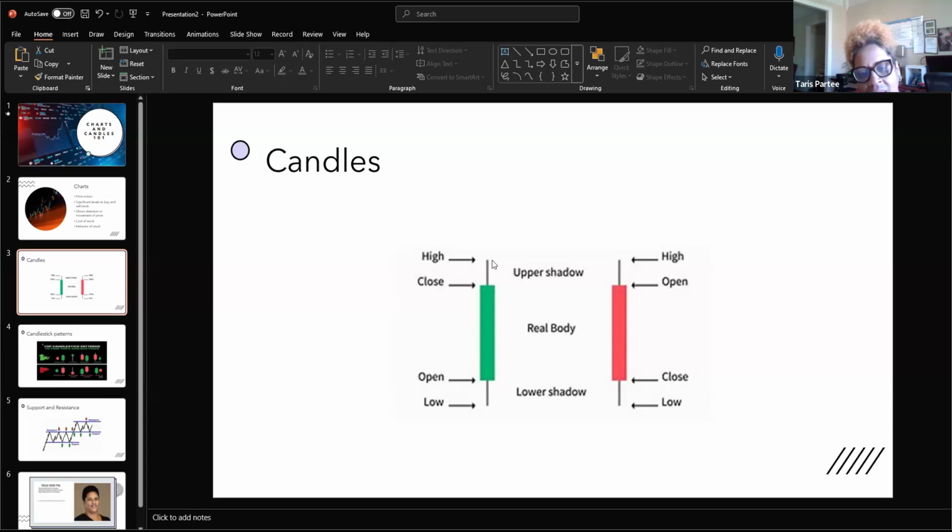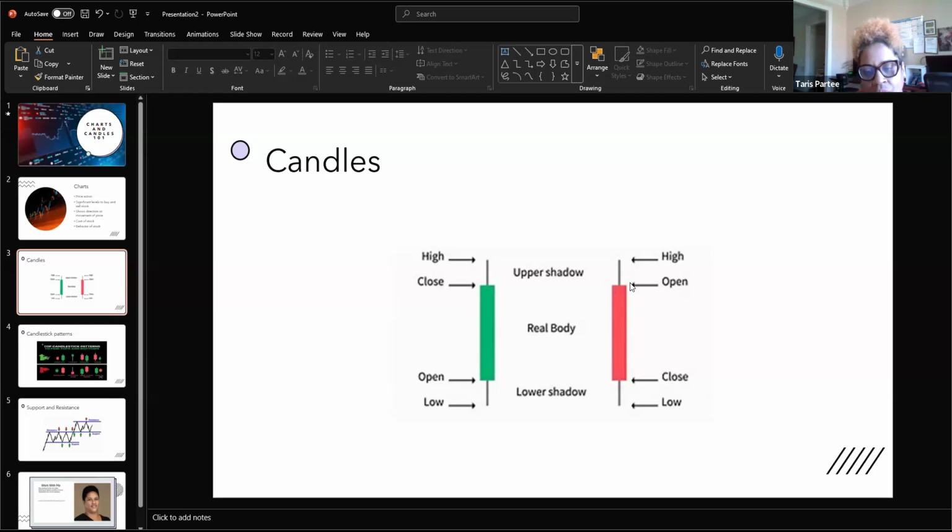You have the high, that's the highest that the price got within a particular session. And you have a close and an opening. So on the green candles, this is where they differ. On the green candle, the opening starts at the bottom and it pushes up to close. It closes up. So remember that.